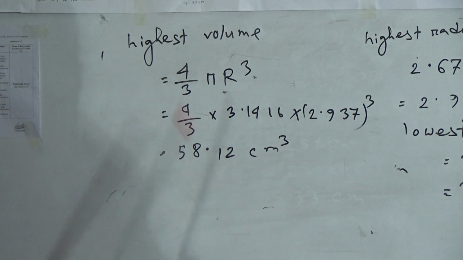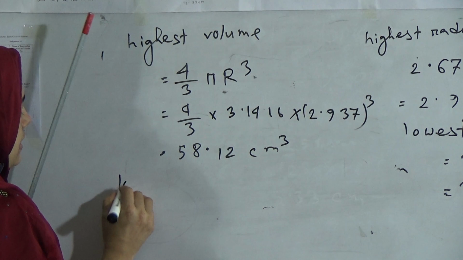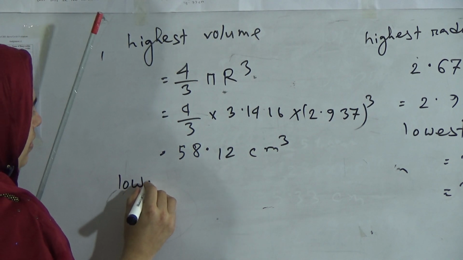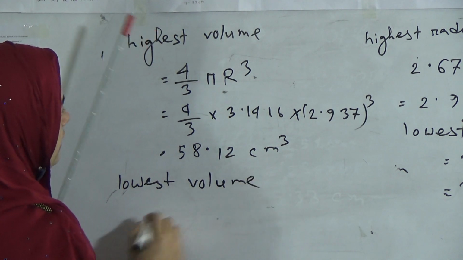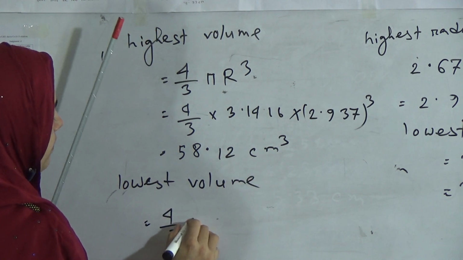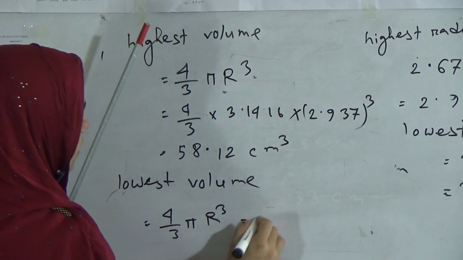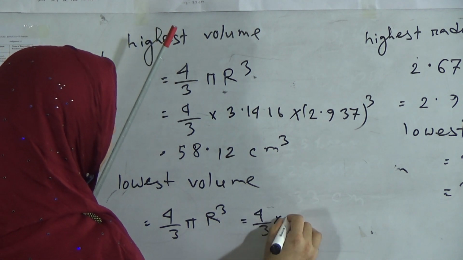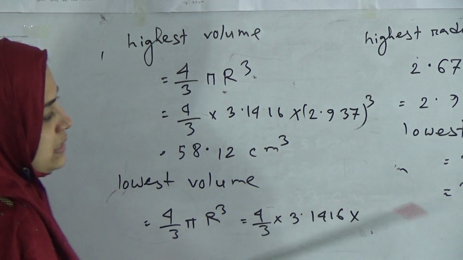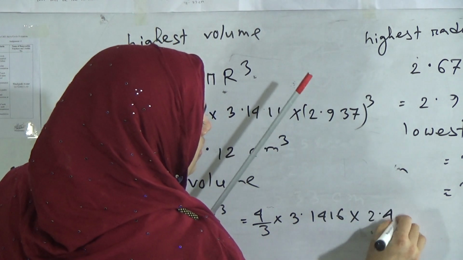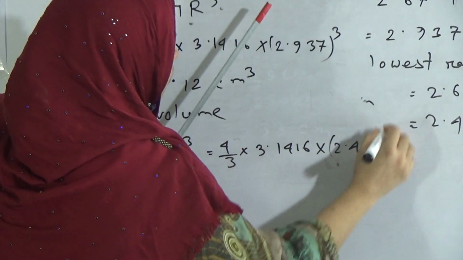Now we will find out the lowest volume. The lowest volume of the marble is 4/3 pi r cube. Here 4/3 into pi means 3.1416 into r means 2.403 whole cube.